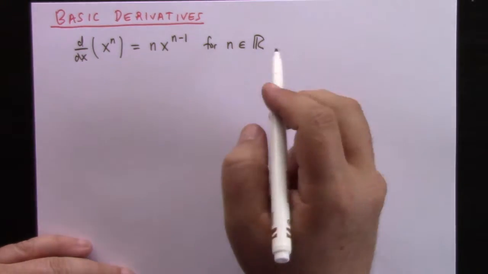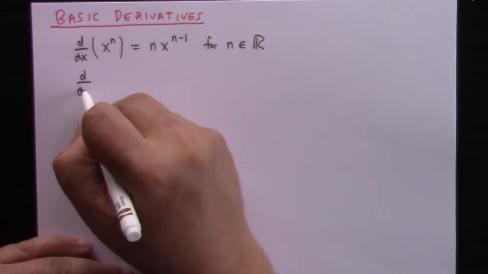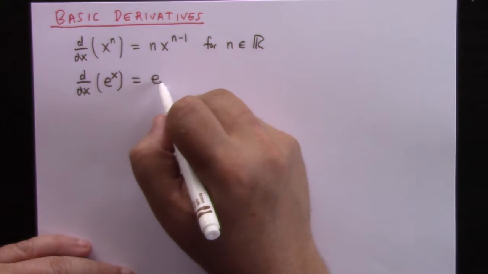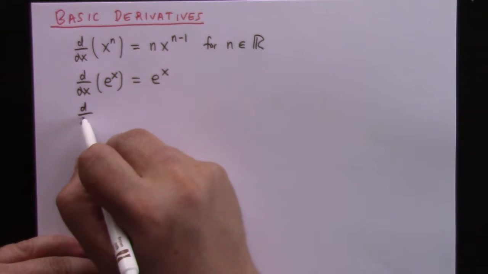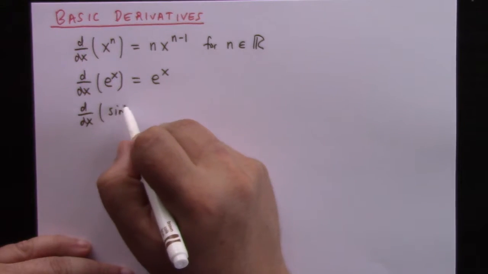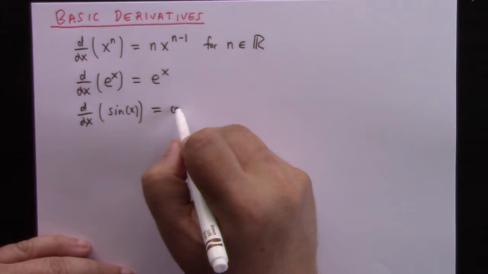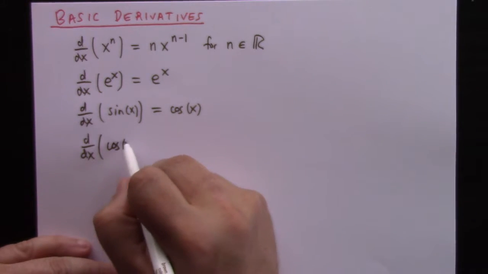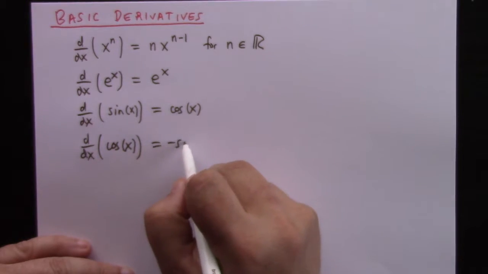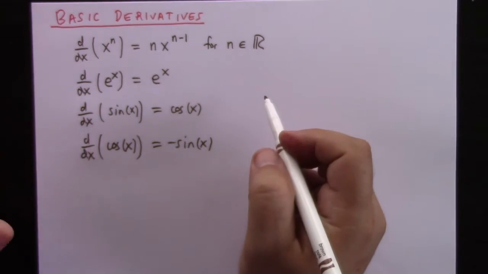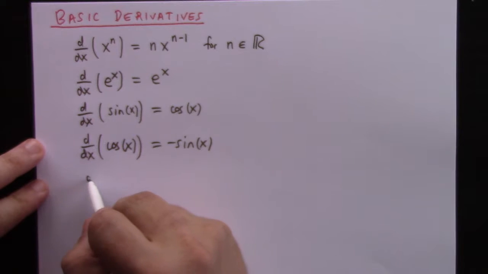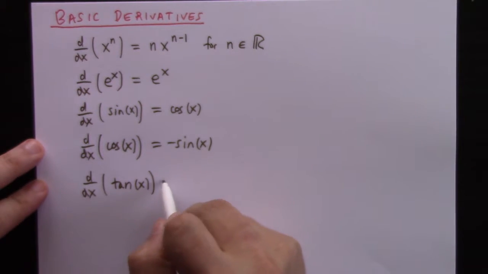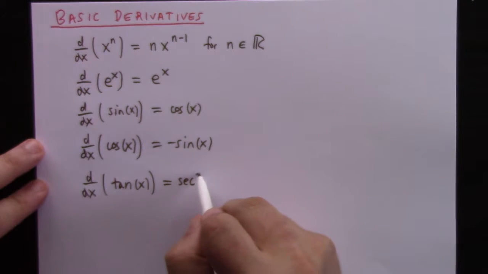Kind of neat. All right, the other thing we should know, of course, the derivative of e to the x is equal to e to the x. The derivative of sine x is cosine x. The derivative of cosine x is minus sine x. All right, what else do we know? The derivative of tangent x is equal to secant squared x.